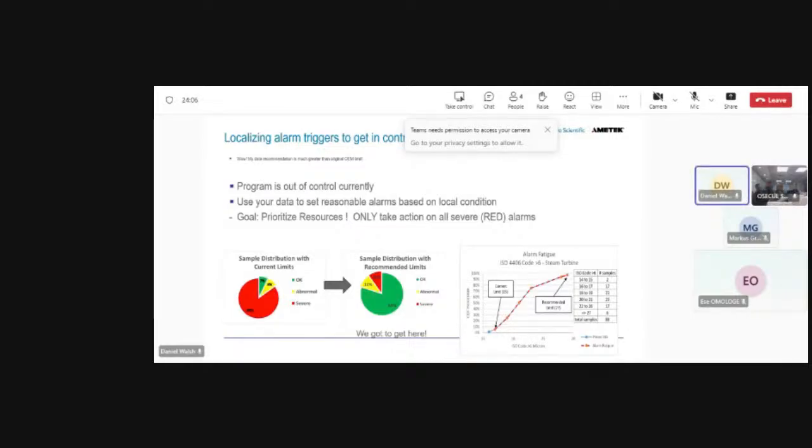You have to prioritize. If everything else is exceeding that limit, then in this situation what they have to do is start changing their alarms, bringing the alarm up.